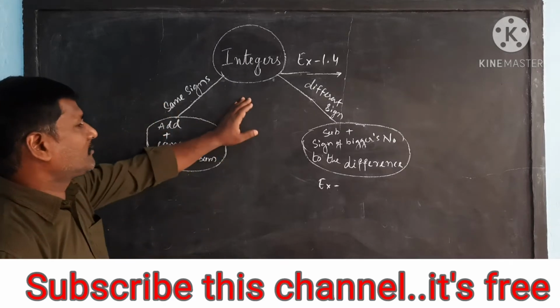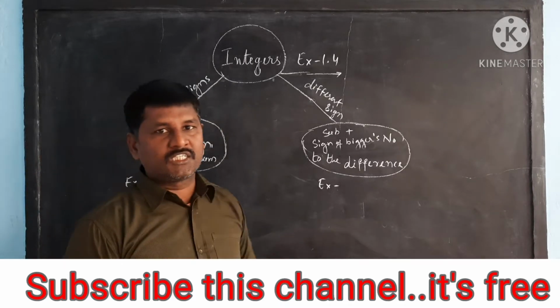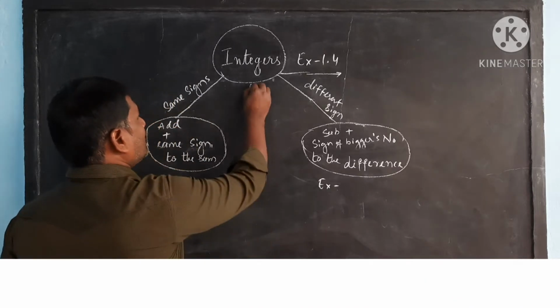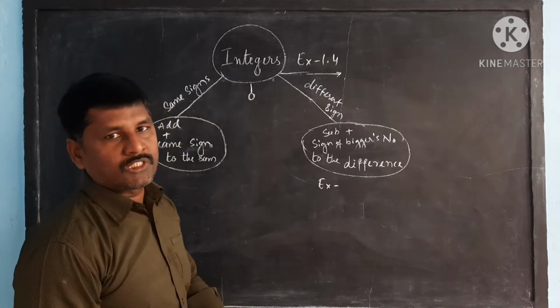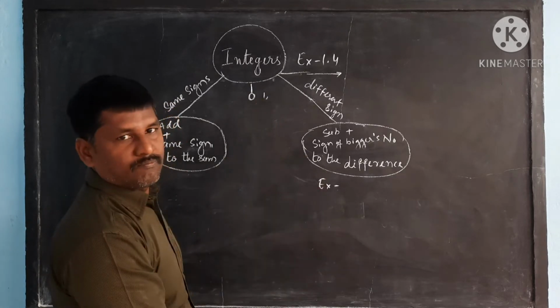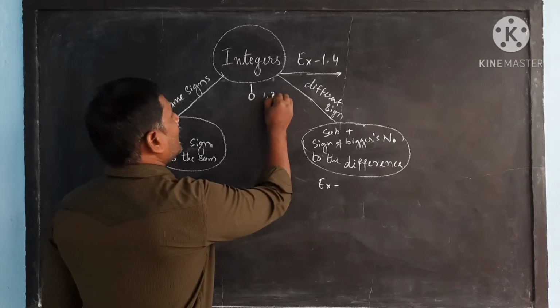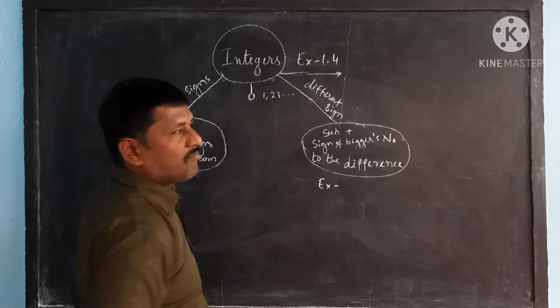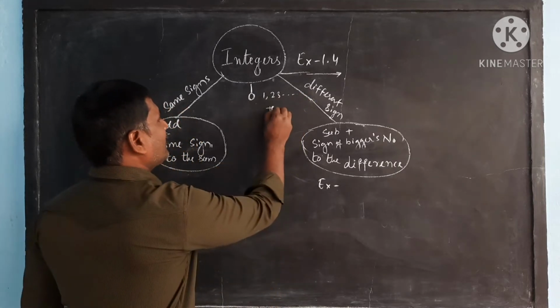Integers, we know, consist of three types of numbers. That is 0, which is neutral, neither positive nor negative. The numbers having plus signs or without a minus sign are called positive, like 1, 2, 3. All these are positive numbers because there is no negative sign.